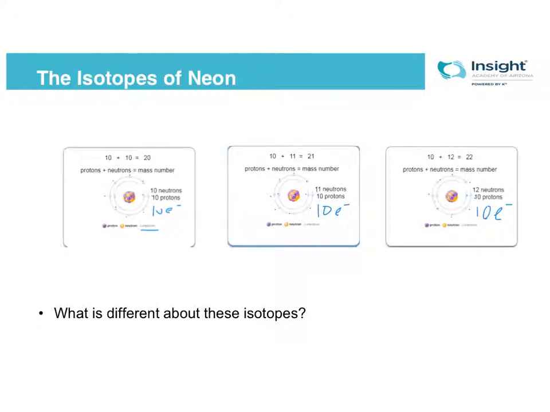All right. So isotopes doesn't have anything to do with what's going on with the electrons. But what else do you see changing on here? Hopefully you spotted this.